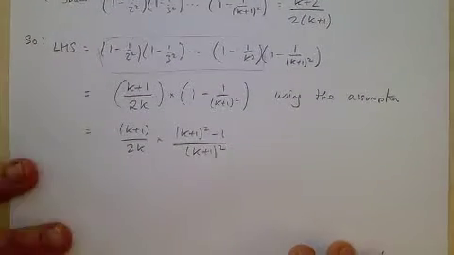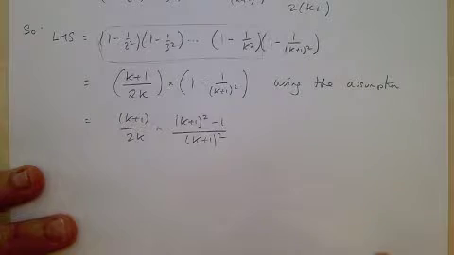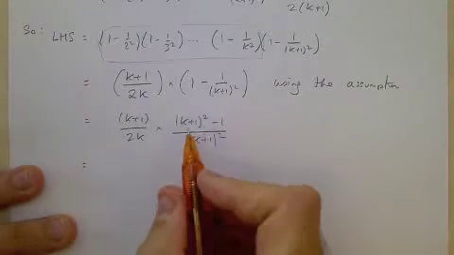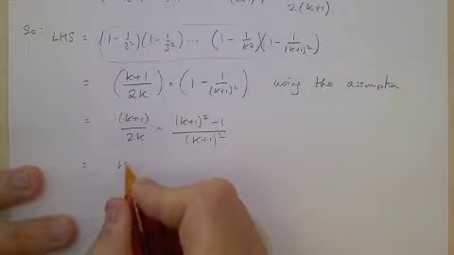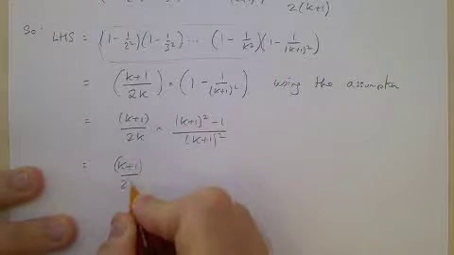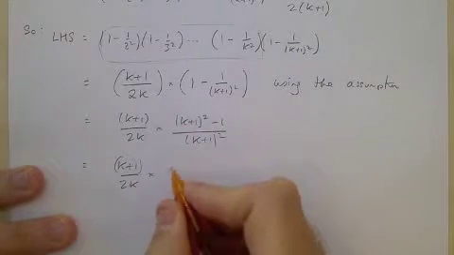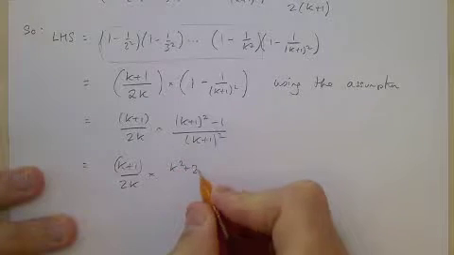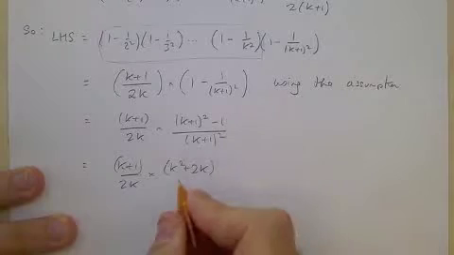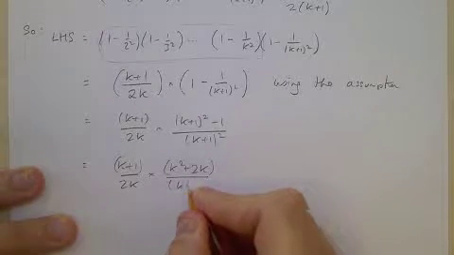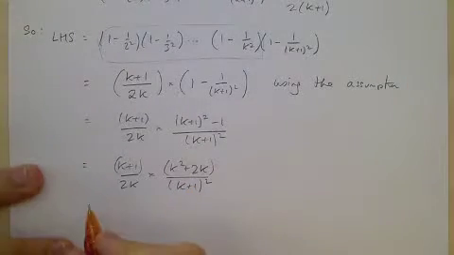What happens if I multiply this out? Let's tidy this up. k plus 1 on 2k times, that's going to be k squared plus 2k plus 1 minus 1 will disappear. So that's k squared plus 2k.